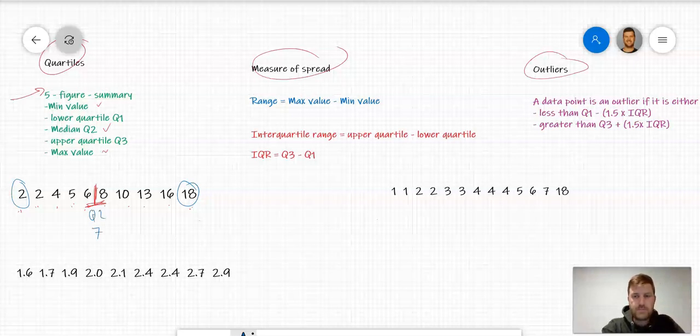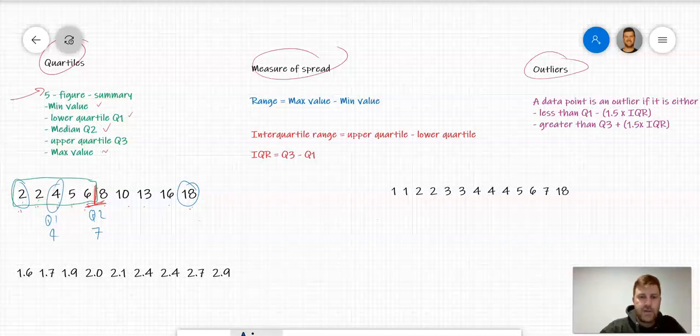All right. Now, to work out the Q1 value, I look at the bottom half of the data. So we're looking at this half of the data now. In the bottom half, I've got to find the middle value, and that's my Q1. In this set of data, I've got 1, 2, 3, 4, 5 numbers in the bottom half. So my third number, 1, 2, 3, is my Q1 value, which is 4.